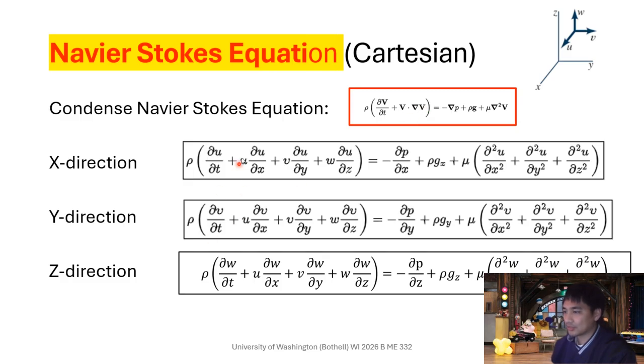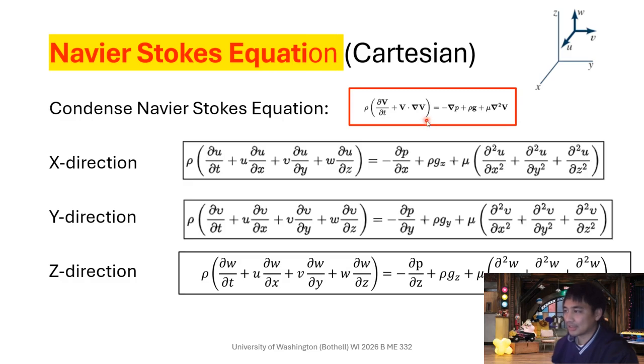The first velocity vector is these u's, these v's, and these w's to the left of this partial derivative. And then this del operator and this v, these are these terms right here. I guess we'll stay in the x direction, these terms right here. Okay, so the left-hand side of the equation is right here.